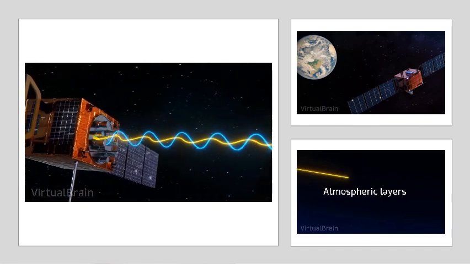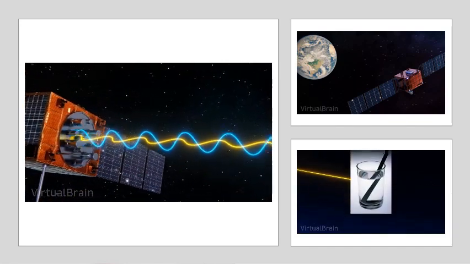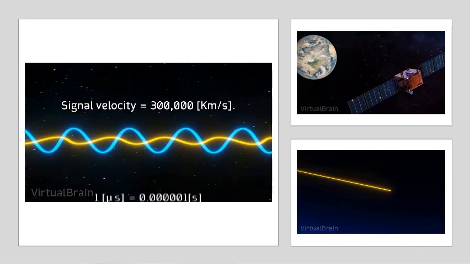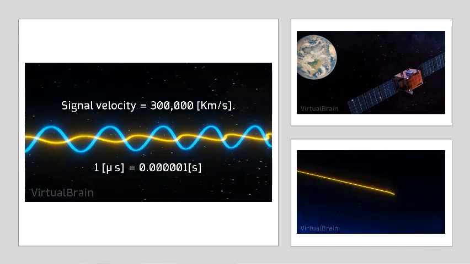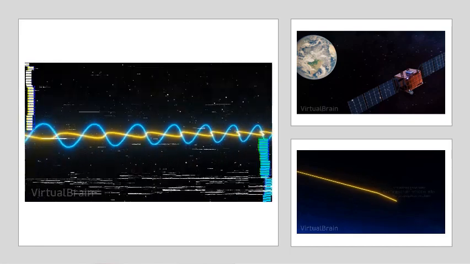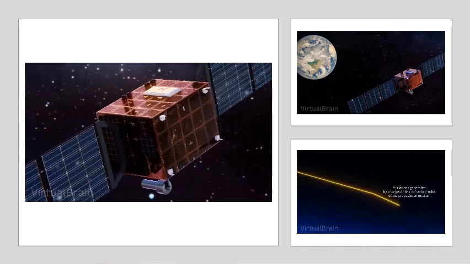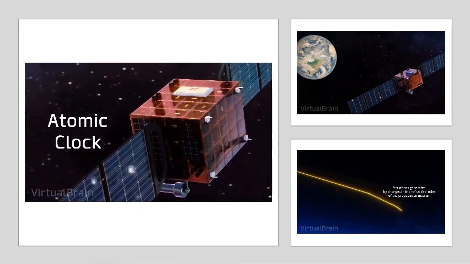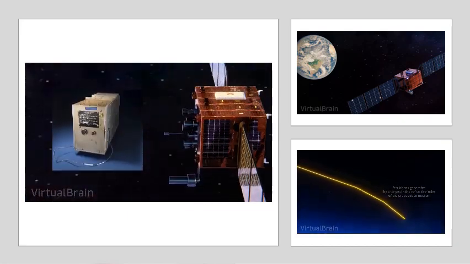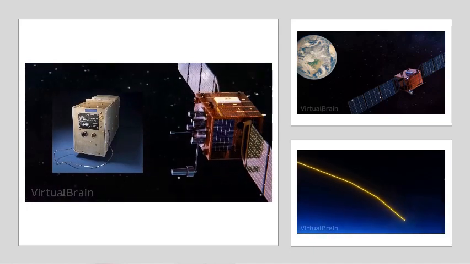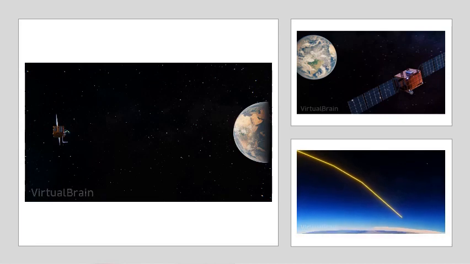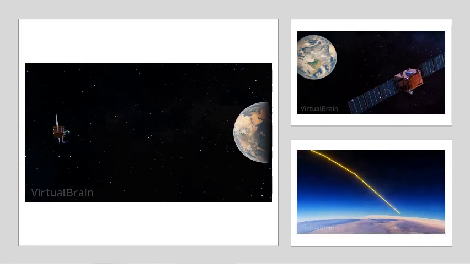As signal velocity is 300,000 kilometers per second, a 1 microsecond error will lead to a 300 meter error, which is very weak. To overcome this challenge, we use atomic clocks with nanosecond resolution, with a maximum error of 30 centimeters per nanosecond difference, which is totally acceptable.